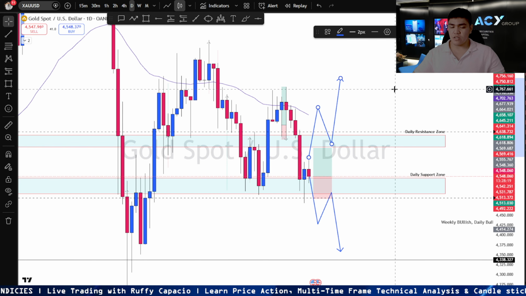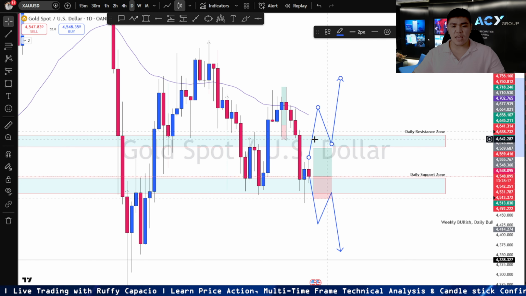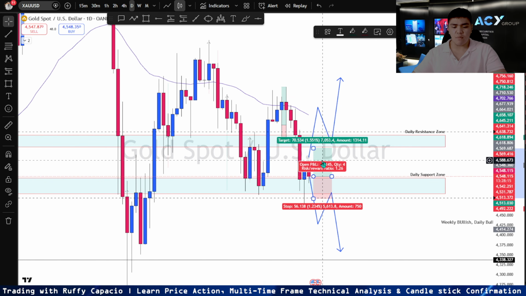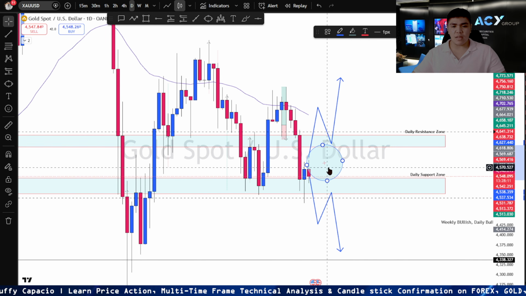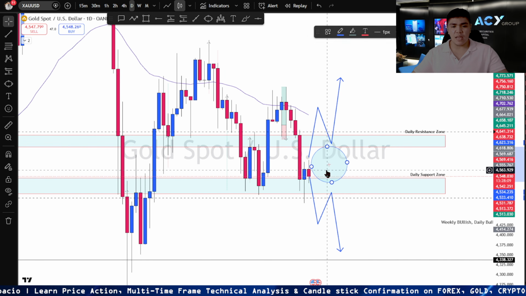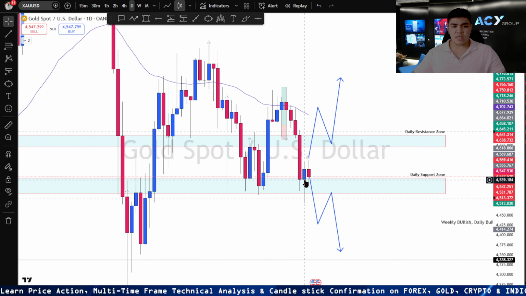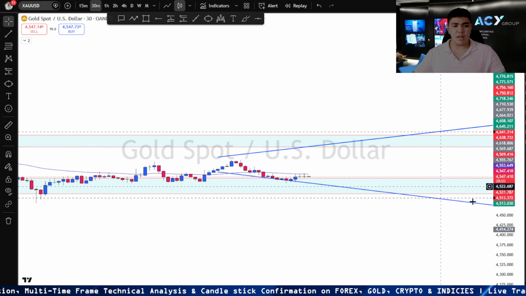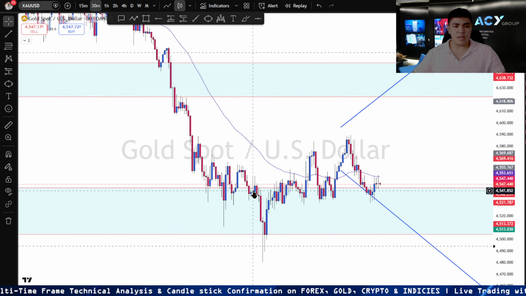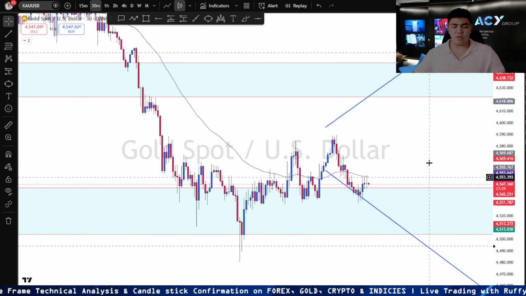That's it, guys. No need to force trades inside this area. Even though we could catch some trades, it's not even worth it. Even though we could catch a trade right exactly in this area, because this current price action is already rejecting the strong daily support level. Even on the 30 minute, as you can see here, it is rejecting this strong support level.